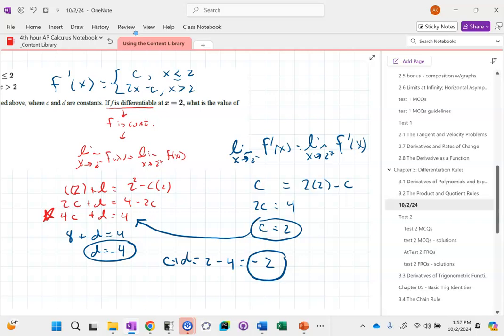Yeah, so again, the key observation there was knowing that differentiability also gives me continuity. That's how I'm going to get the second equation. If you just started by taking the derivative, you would have gotten your answer for c, and then you would have, what am I going to do with that?